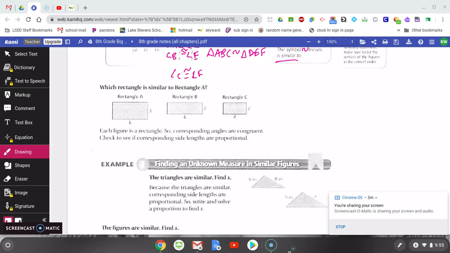All right, so how do we figure out if they are congruent or if they are similar? So if they're going to be congruent figures, that means same sides and same angles. If we look at these three rectangles, we know all of them are rectangles, and all rectangles have 4 right angles. So even without that being written in, I know right away their angles are all right angles.